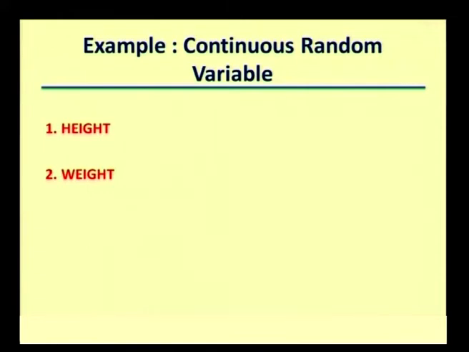You can say the height varies from 15 centimeters to 16 centimeters. Weight also is a variable, it is varying, it is continuous. So height, weight, age etc. are continuous in nature, and these parameters are called continuous random variables.